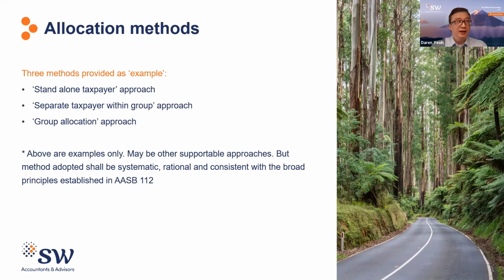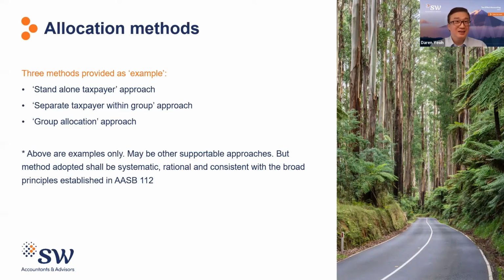A variation of that is a separate taxpayer within the group approach. Basically what that says is, yes, do your calculation as though you're not part of the tax consolidated group, but you do recognize that transactions with members of the group are ignored for tax purposes. So if you have a sale to another member of the group, you can ignore that sale.